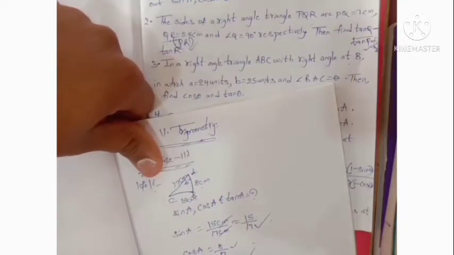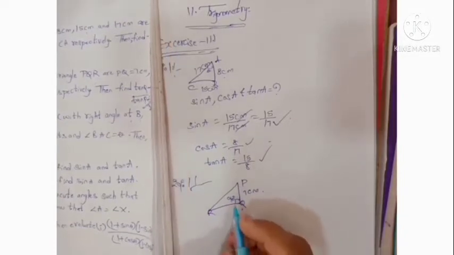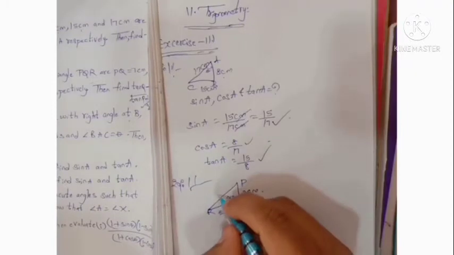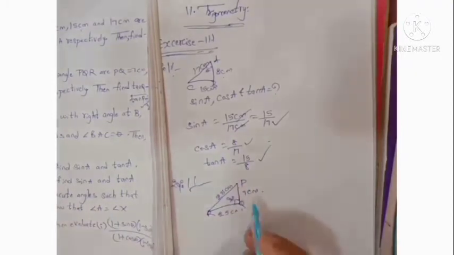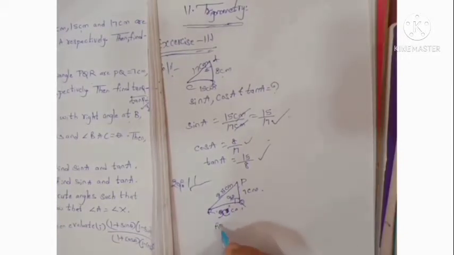P, Q, R, Q at 90 degrees. PQ is equal to 7 centimeters as given, and PR is equal to 25 centimeters as given. Sorry, PR, we should remember, it's given wrong. Here 7, here x we should find. Just remember it as x. RQ is equal to x.